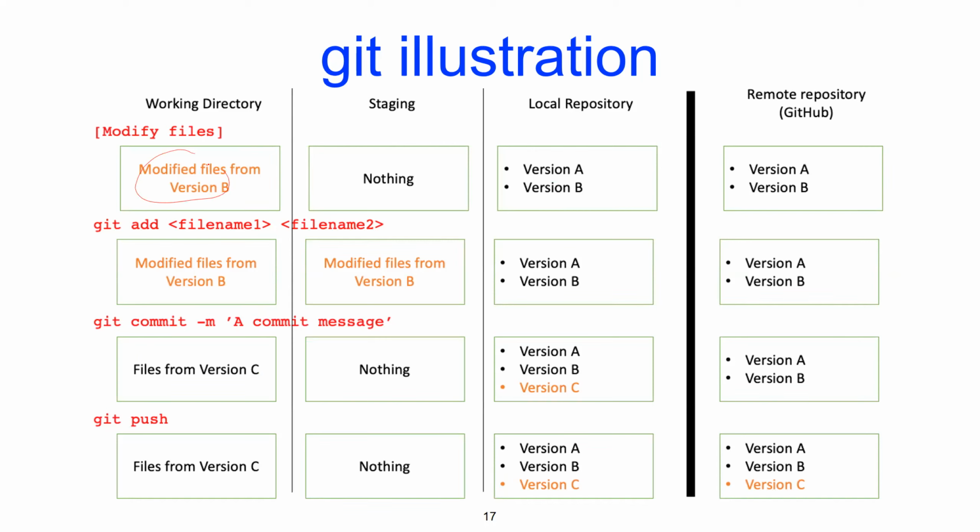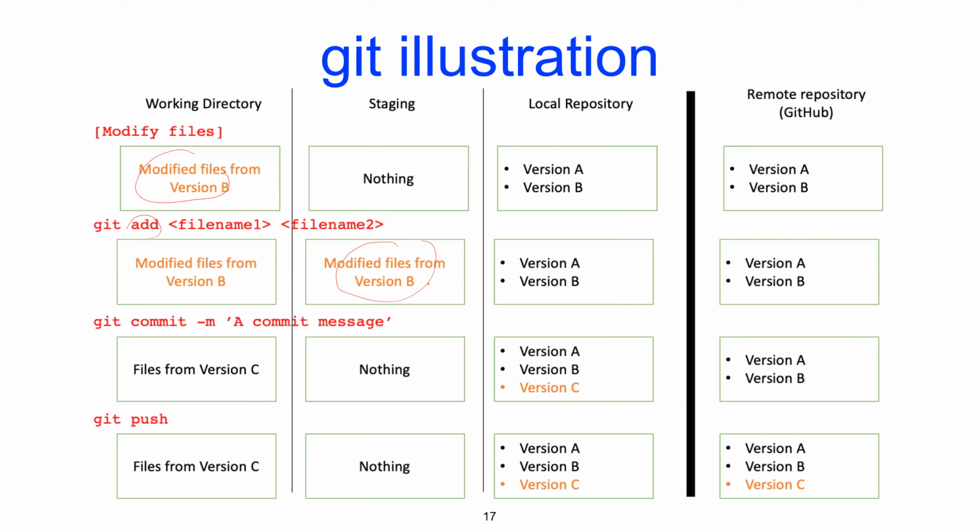Then you modify and do your homework. You think, hey, it's good, I finished my homework, so now you're ready to submit. You do the command add. Add means I'm not submitting everything from my computer to GitHub. I just pick a few files and add them. Once you add them, they enter the stage.